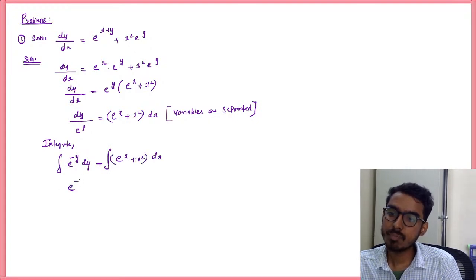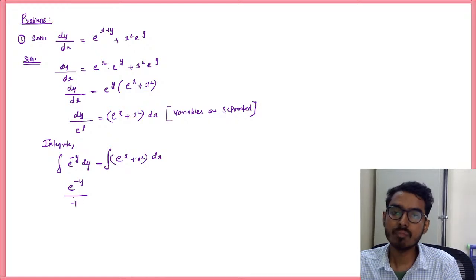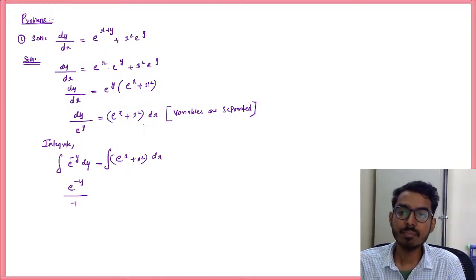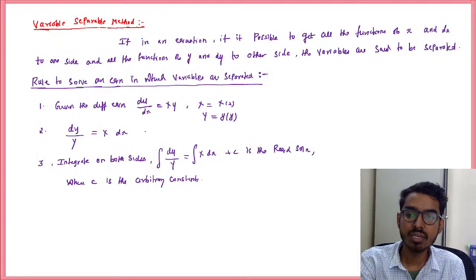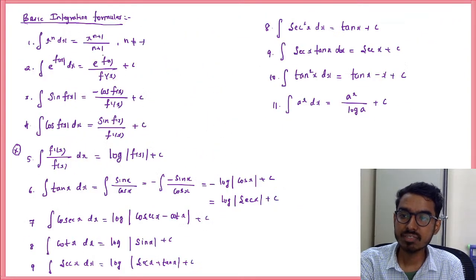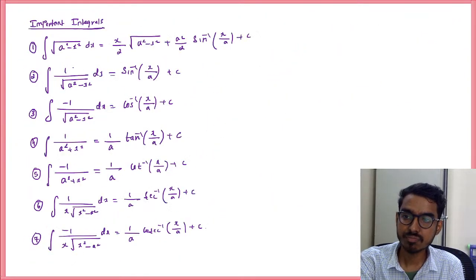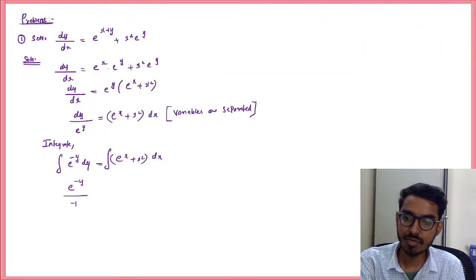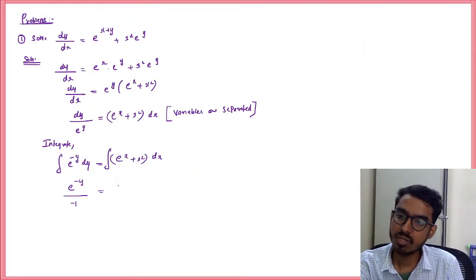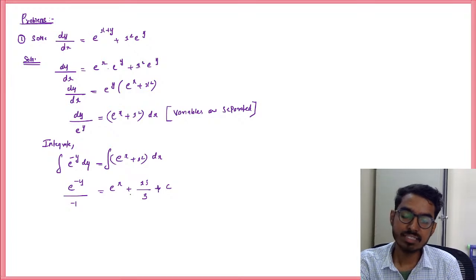Integration of e power f of x is e power f of x by f dash of x. The derivative of minus y is minus 1, so integration of e power minus y is e power minus y by minus 1. Integration of e power x is e power x. Integration of x square is x cube by 3, plus constant c. This is the required solution.